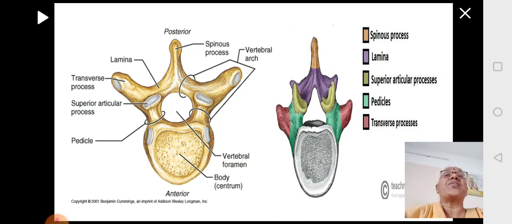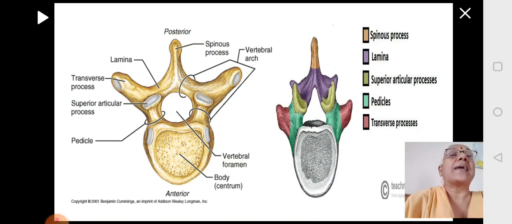Next to that, on the posterior side, you have the neural arch or the vertebral arch. Now the body is the main part which will bear the weight, which will give support to your back and the head, and also it bears the weight.